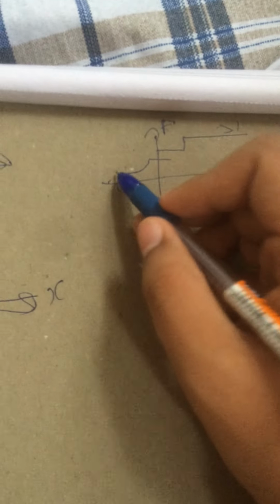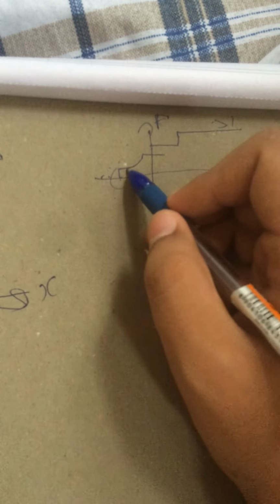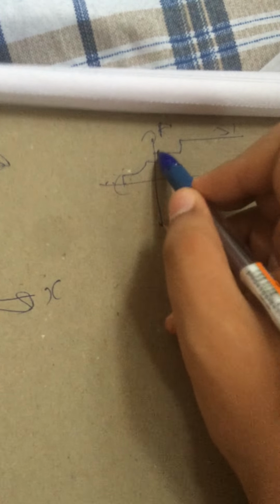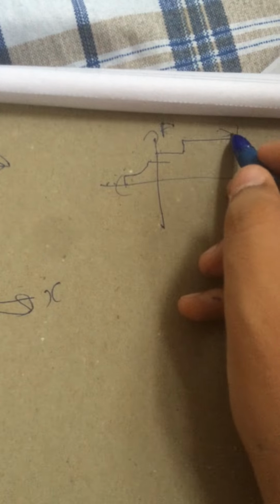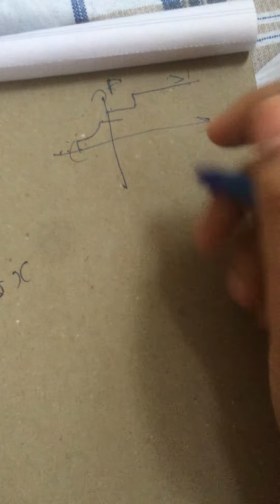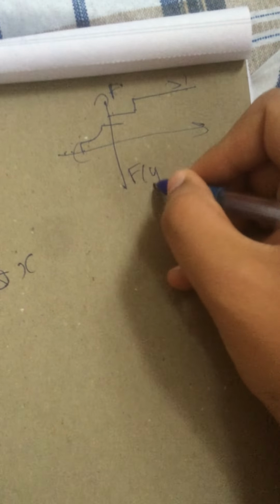So this is for minus 2 to minus 1, minus 1 to 0, 0 to 1, and for values greater than 1. This is the graph of F of y.